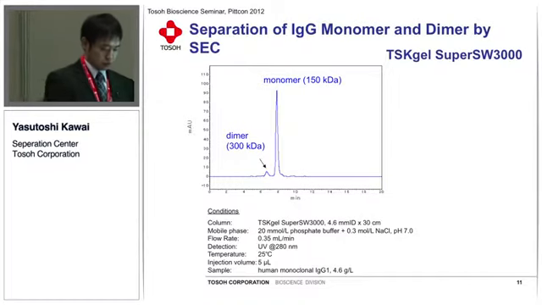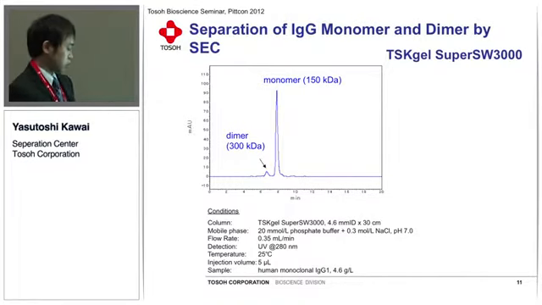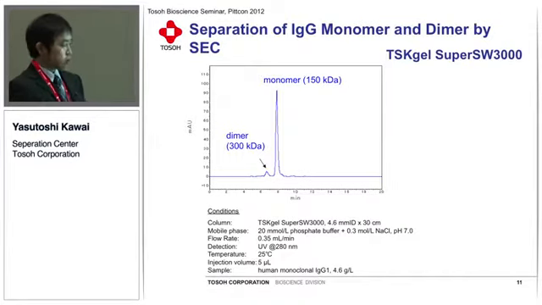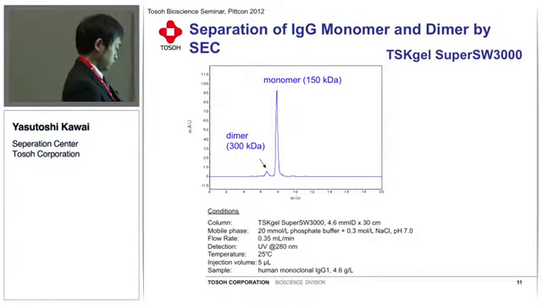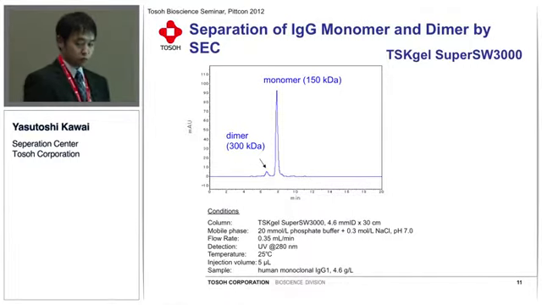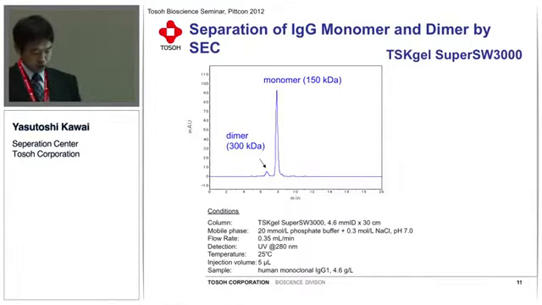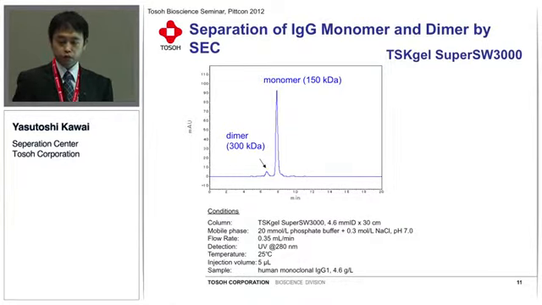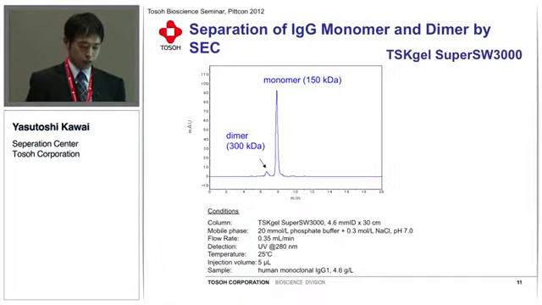This slide presents the separation of antibody monomer and dimer. Here you find that the baseline separation was achieved for monomer and dimer. As we have seen, SEC mode is available for the separation of fragment or dimer.